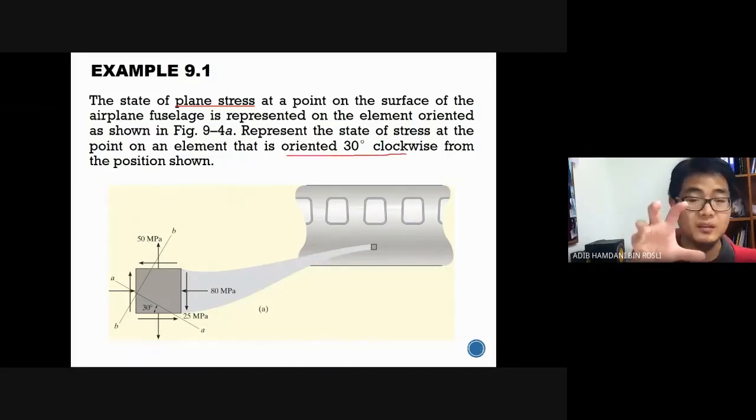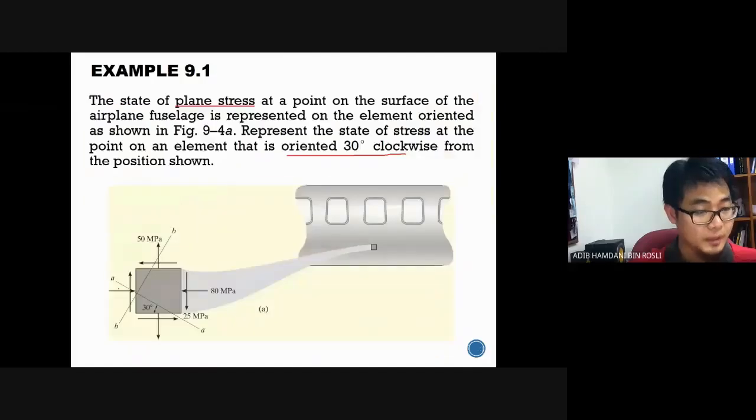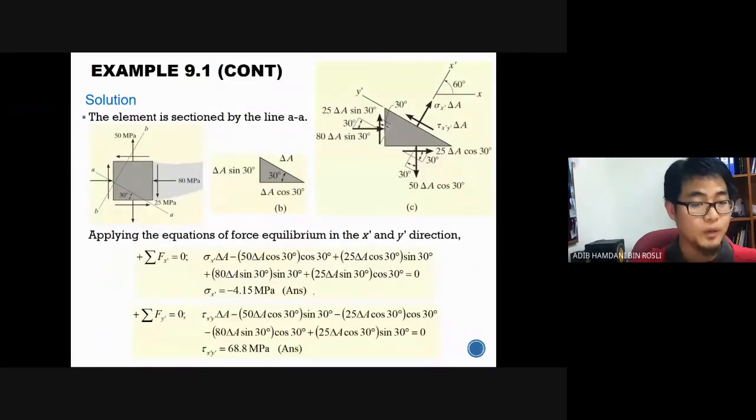So you rotate this clockwise, minus 30 degrees, isn't it? What you have to do is cut at this 30 degrees. When you cut this and follow those methods, you will end up with your sigma x prime as this and tau x prime y prime as this.